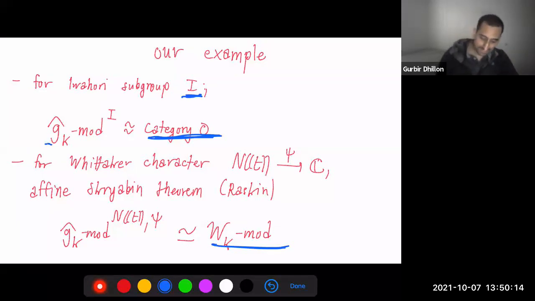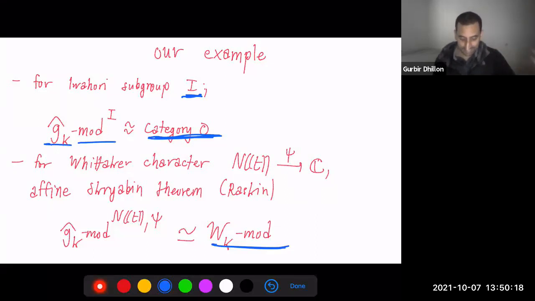The key point is that category O, in this language, is the category of I-invariant objects in all of Kac-Moody representations. The idea is that passing to I-invariants, or in general to invariants for a subgroup, in the category of representations, is passing from all representations to the corresponding Harish-Chandra modules. So you take things which are integrable for that subgroup.